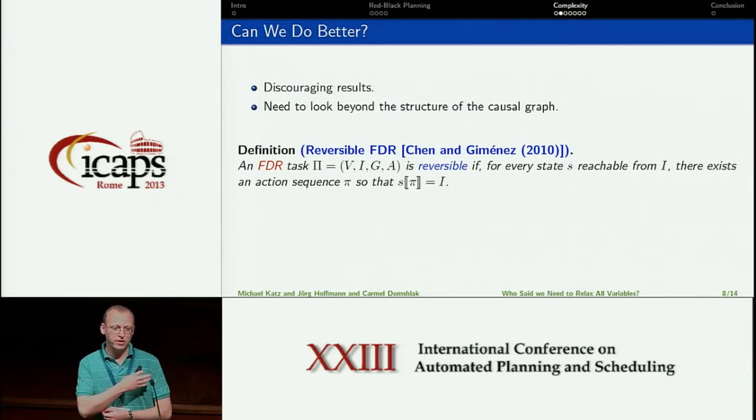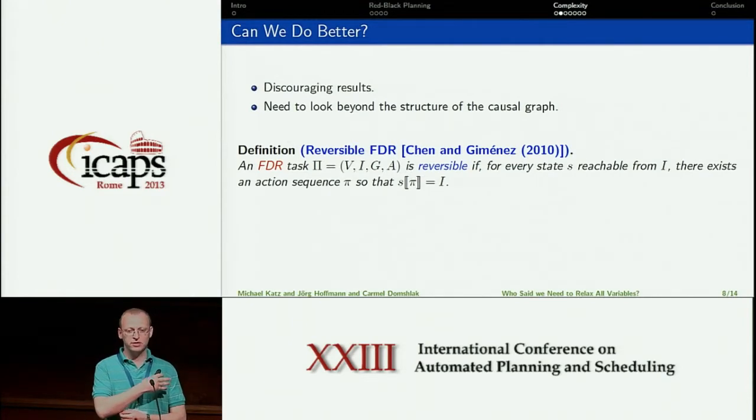For FDR, reversibility says that we can get back to the initial state from any reachable state. So once you can move from the initial state to some state, you will definitely be able to come back to the initial state. That's a strong notion.